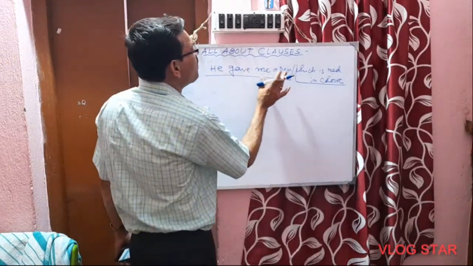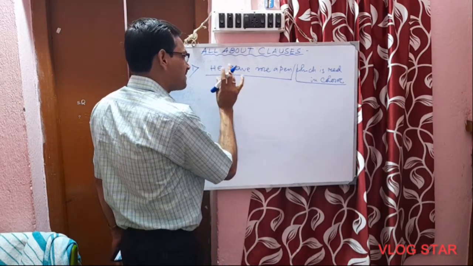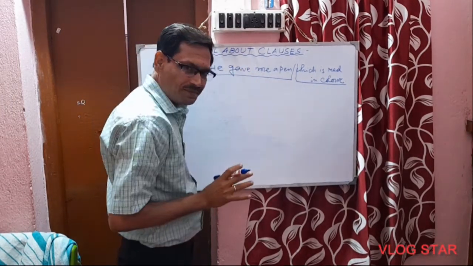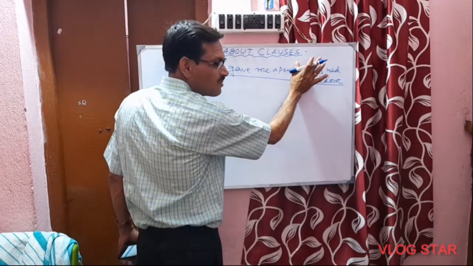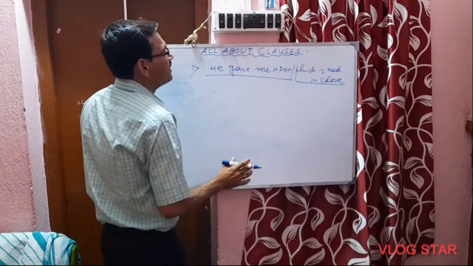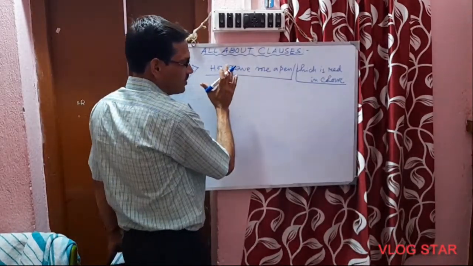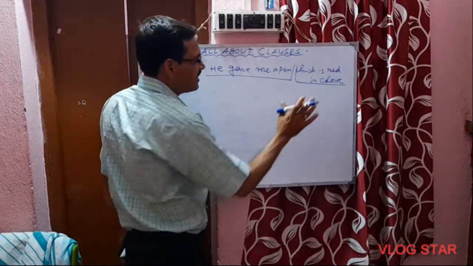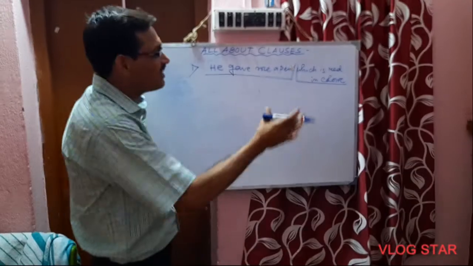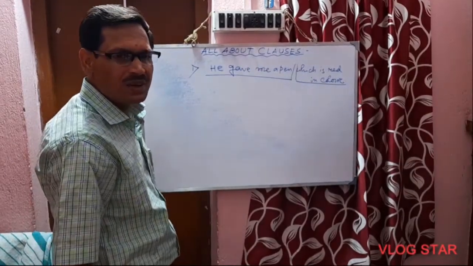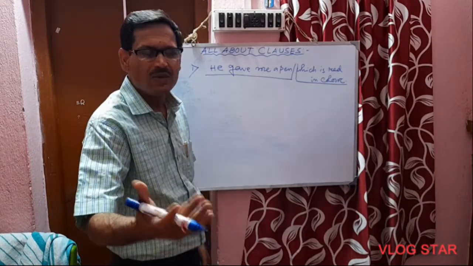He gave me a pen can express its meaning fully if you close and omit the rest of the part. But if you only see this part, which is red in color, the question may arise that it does not express its meaning fully. What is red in color? Which?